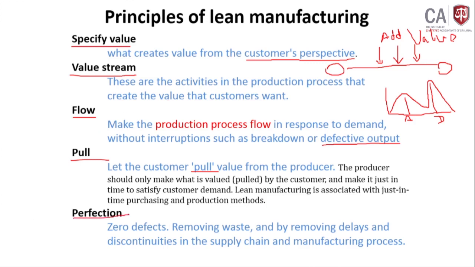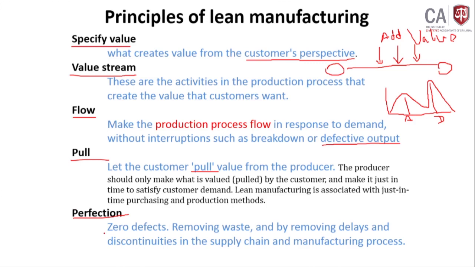Perfection. Zero defect. Zero defect, removing waste, and removing delays and discontinuities in the supply chain and manufacturing process. So if you are having a very good lean manufacturing environment in your factory, perfection should be there.